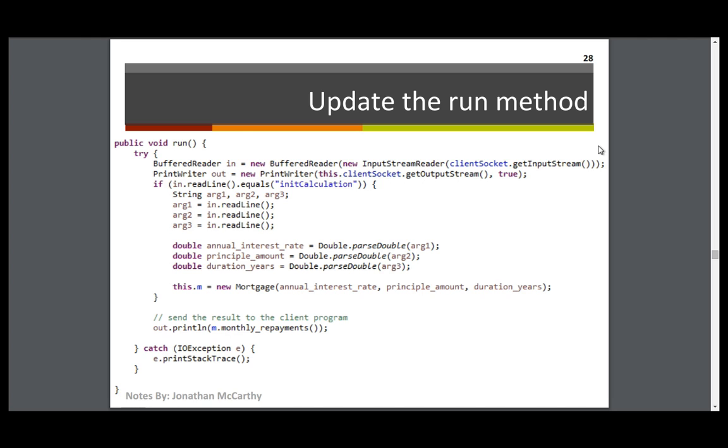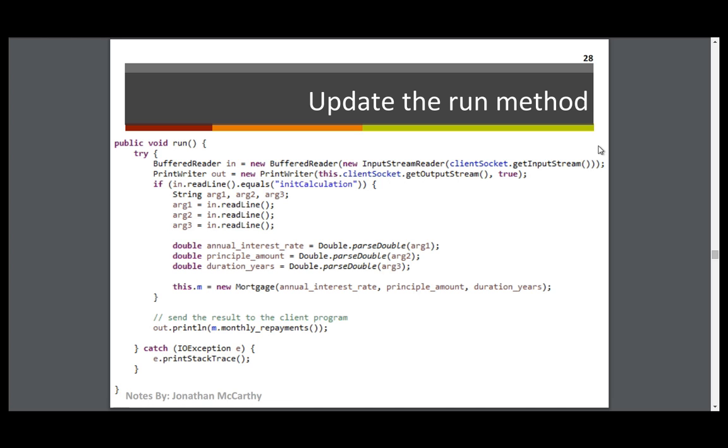So we've already architected our client to send over a message called init calculation. So the idea might be that when the server receives this, we'll realize, oh, okay, someone's actually going to ask us, or we've initialized contact to make a particular calculation. So once we've got init calculation, we will read in 3 variables from the client and then perform our calculation.